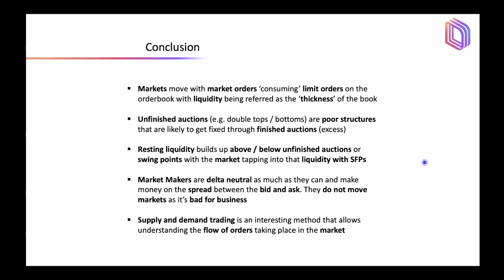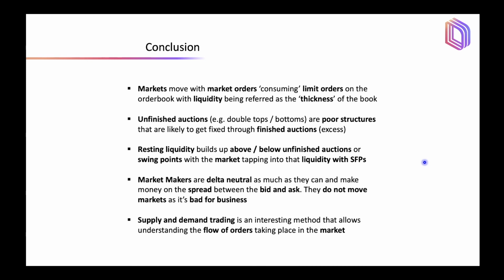Resting liquidity will build up above and below unfinished auctions or swing points. So you should look for this potential liquidity building above resistance or below supports. And the market is going to tap into this building liquidity with patterns like SFPs.